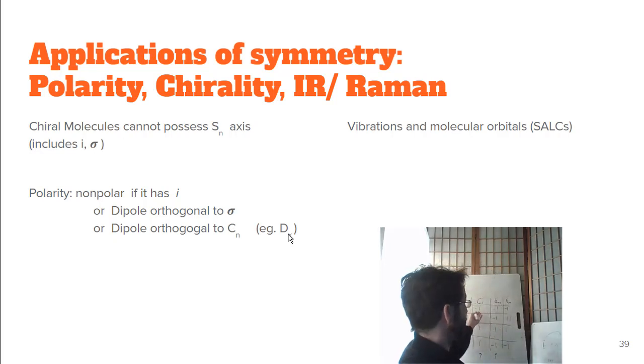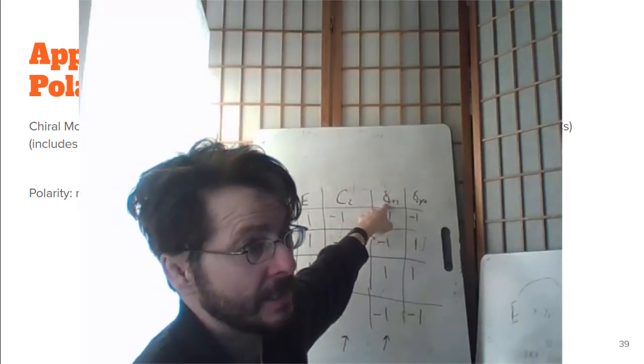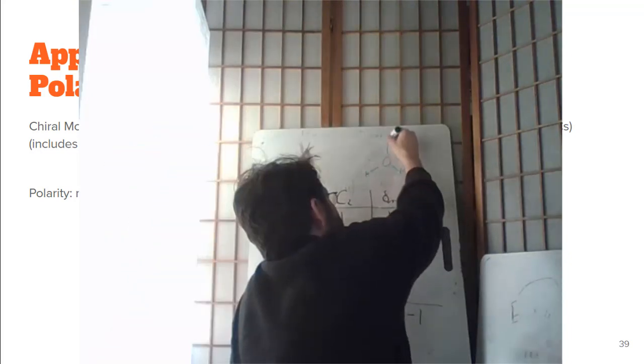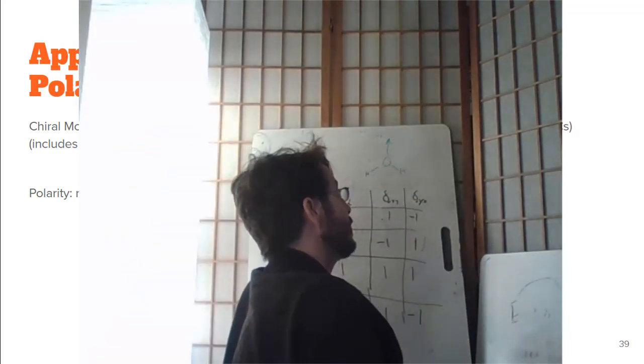You look at the point group of this material for a dipole orthogonal to the mirror plane. The question is, do we have one? You'd have to look at the molecule. For the water molecule, the dipole runs in the sigma xz plane and the yz plane.